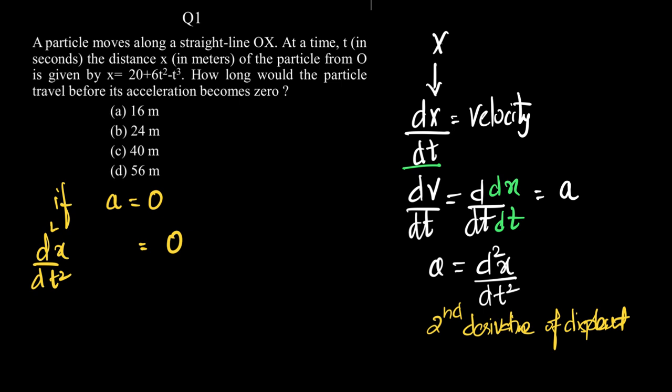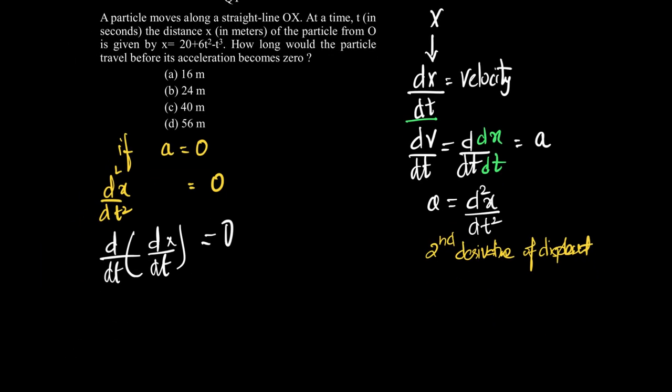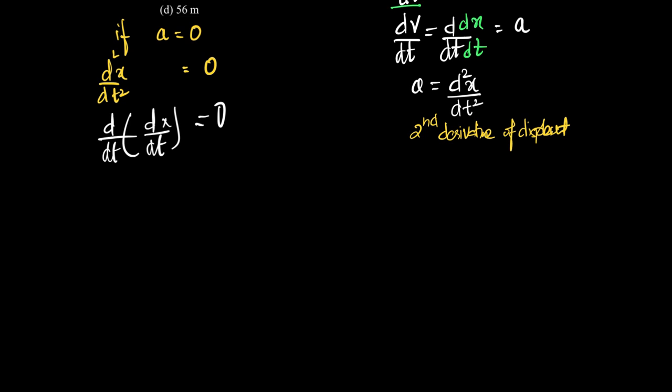Now, what is the second derivative of distance? It can be written as d by dt of dx by dt is equal to 0, which further goes like this: d by dt of, what is dx by dt? It is d by dt of x. What is x?